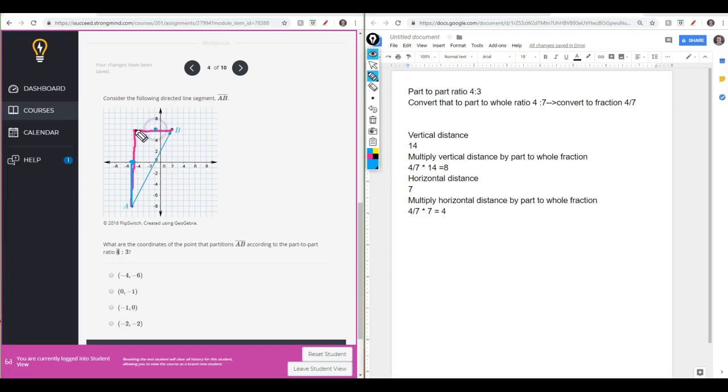So where these two intersect on our directed line segment, that is our point that is 4 segments from A to 3 segments to B, or 4 segments part-to-whole, 4 segments compared to my total 7 segments. So the coordinates of this are -1, 0, because we're at -1 on the x-axis and 0 on the y-axis.